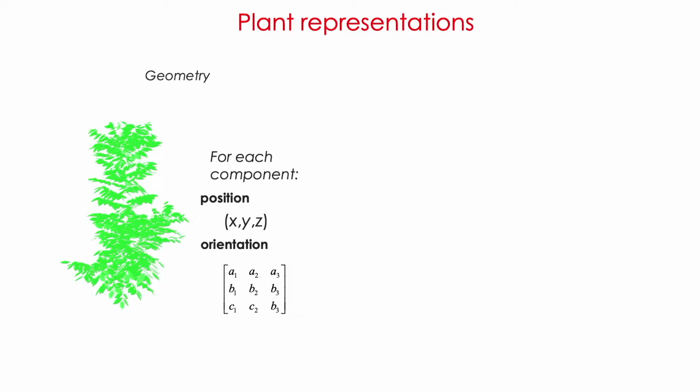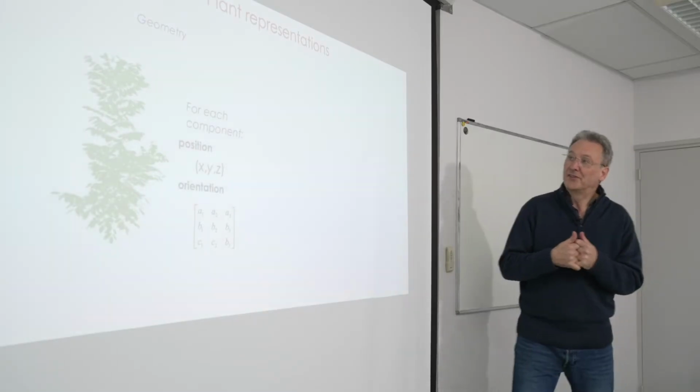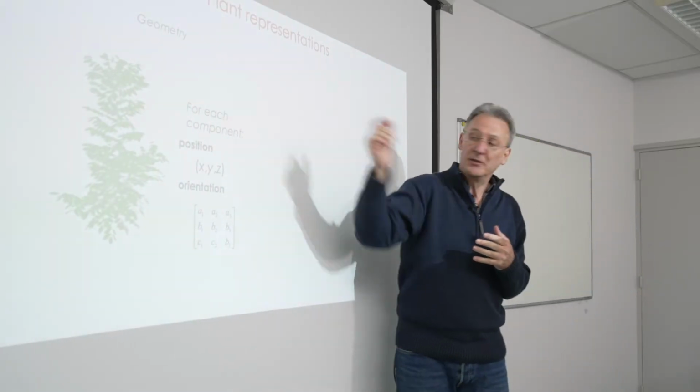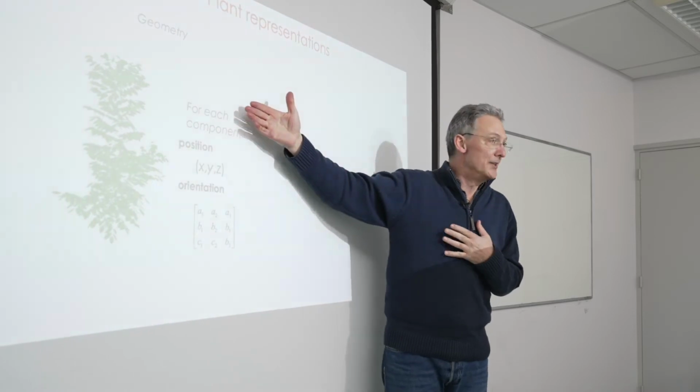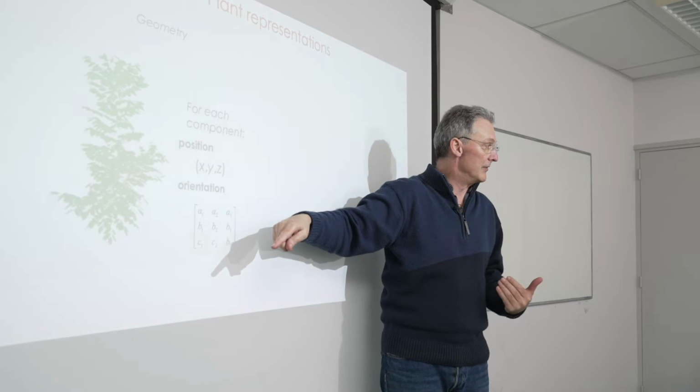Okay. So the good thing when we think about things in this way is that we can make the abstraction that we are seeking. So for instance, if we take the geometry representation, then what I need is, for each component, a list of leaves.